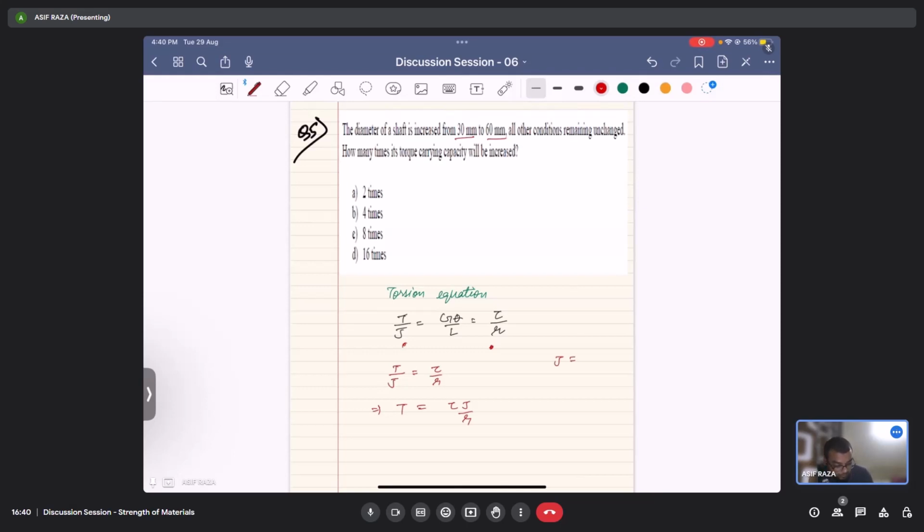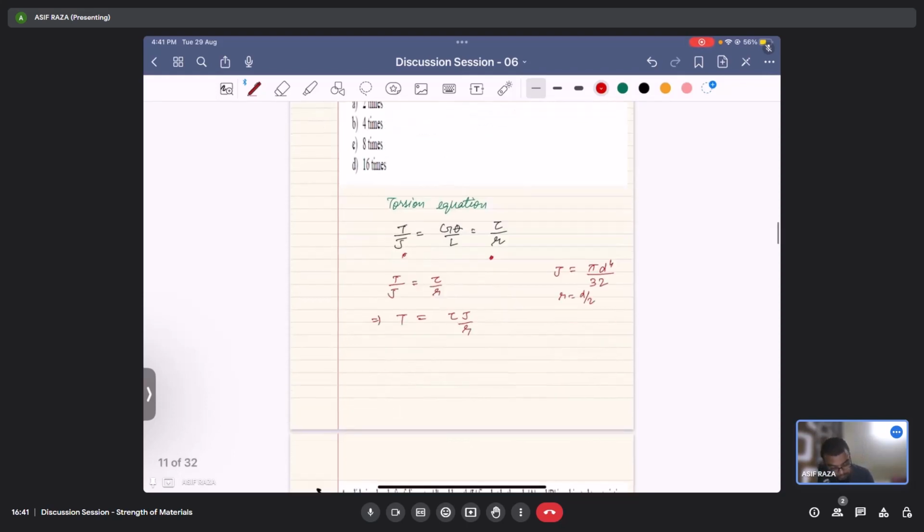And J, if it's a circular shaft, is equal to pi d4 by 32, and R is equal to d by 2. That will be T equal to tau times pi d4 by 32 times 2 by d.